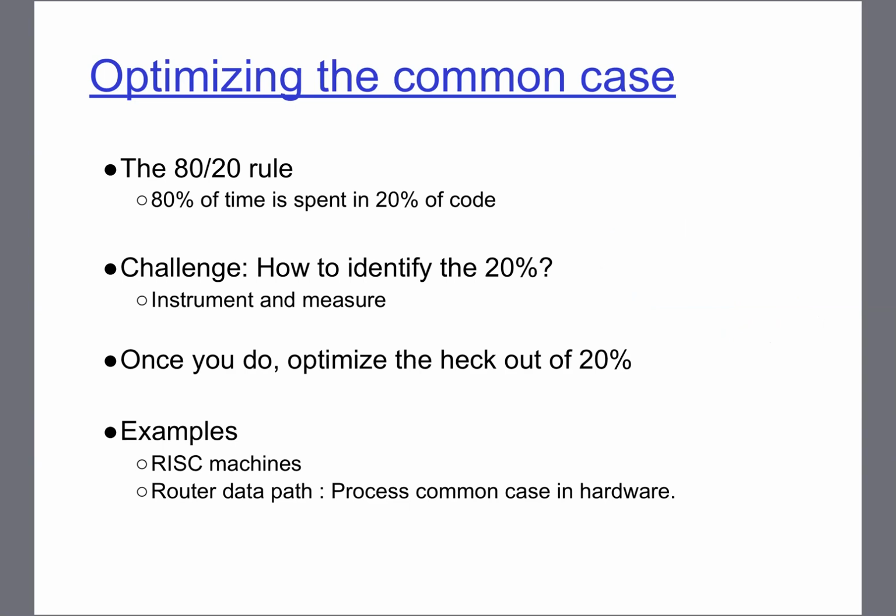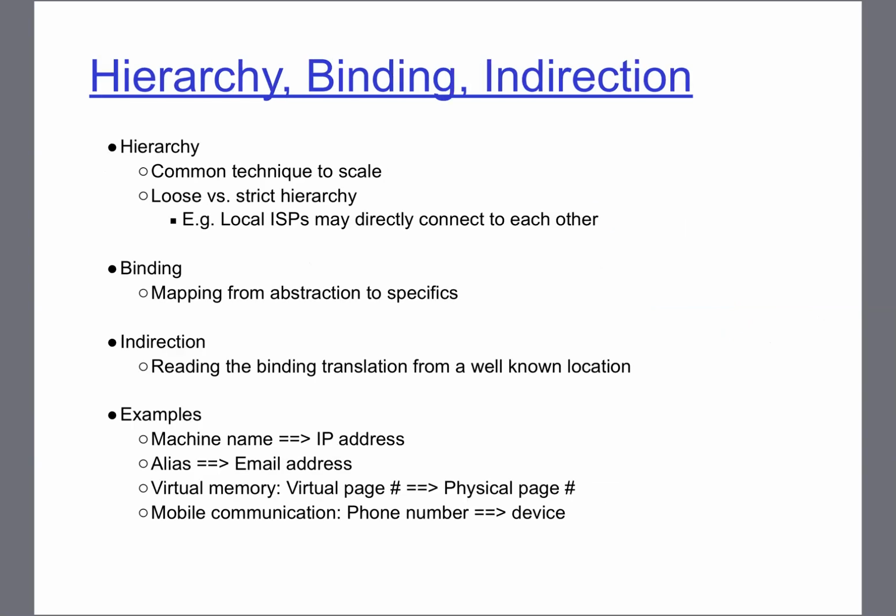All right. So the other concept is the idea of hierarchy, binding and indirection. So at the beginning of the class, and I've been repeating it throughout the class, any problem in computer science can be solved by one more layer of indirection, right?